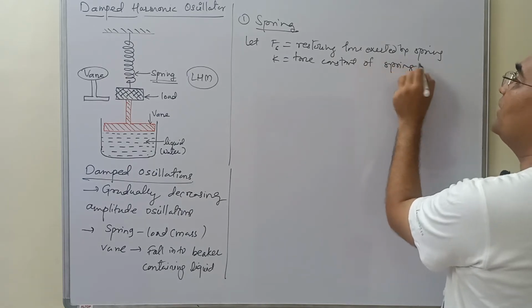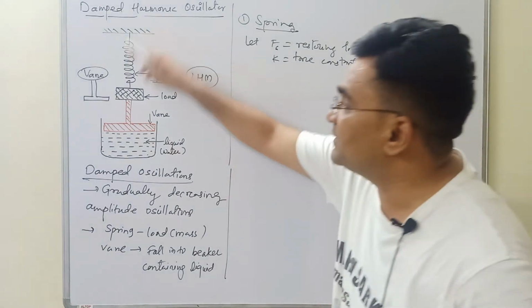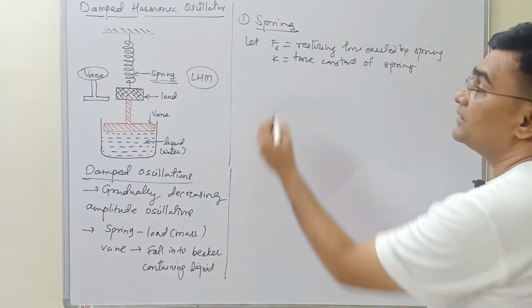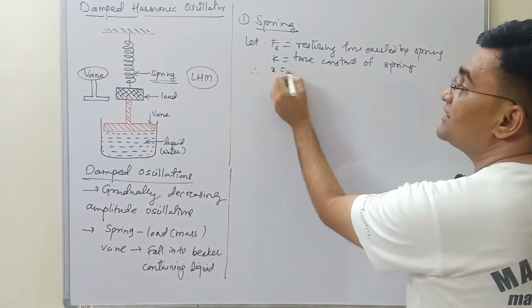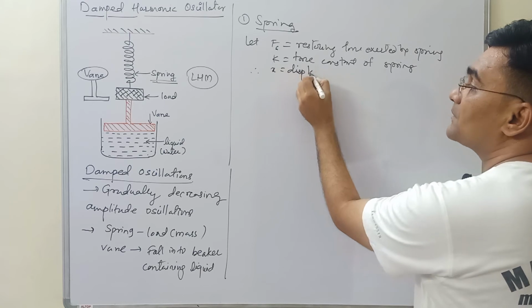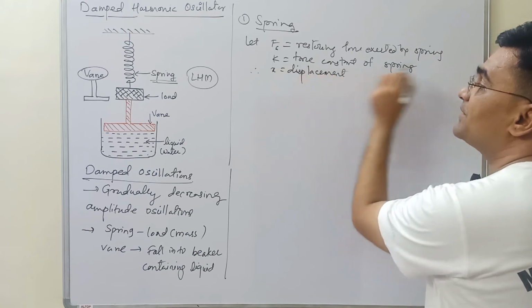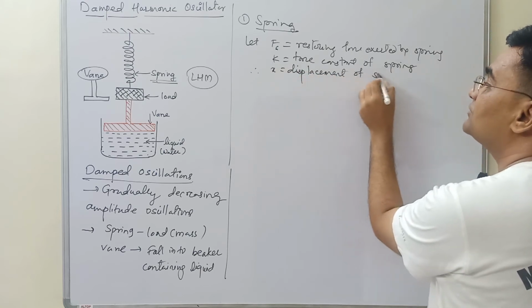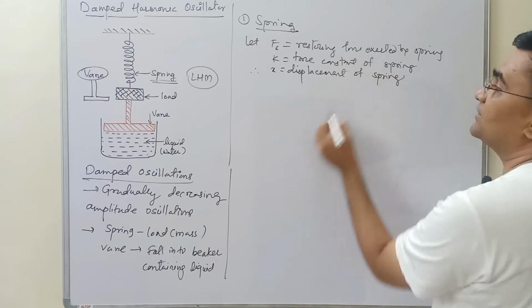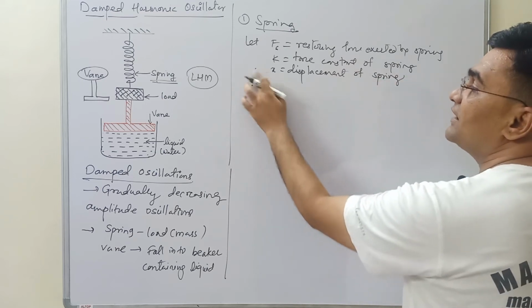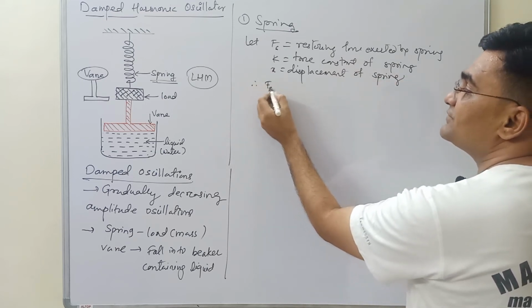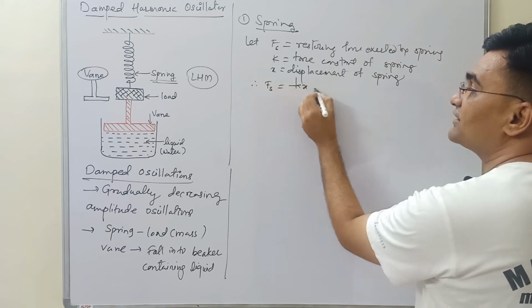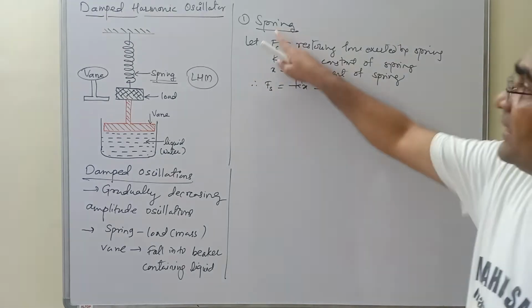According to the definition of linear SHM, if x is the displacement of the spring from its mean position, then Fs equals minus Kx. That we can write for the spring.